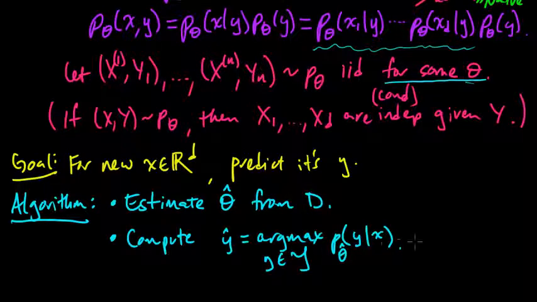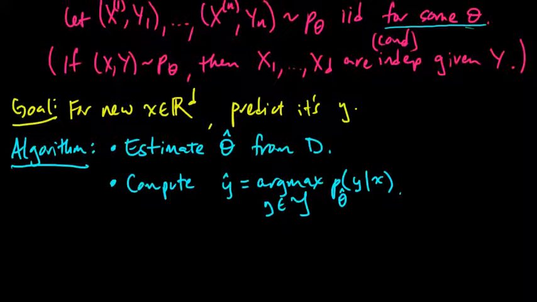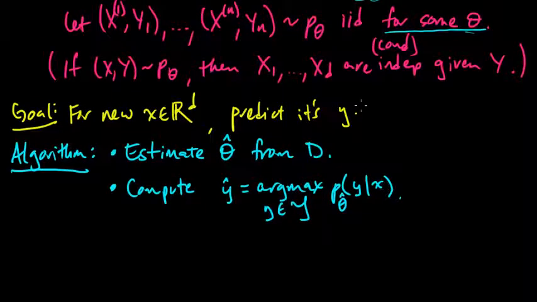I'd like to go a little bit further here and expand this expression so that you see exactly how this model that we've assumed allows you to compute this. It's illuminating. We'll keep the argmax over y. So let's use Bayes' rule.